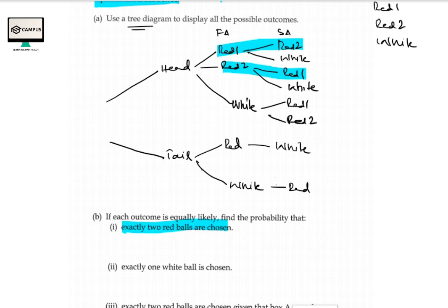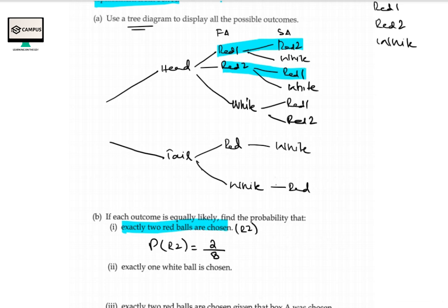We can call this event R2. The probability of R2 is 2 over 8. This comes from the definition of relative frequency: the numerator is the number of favorable outcomes, and the denominator is the total number of outcomes. The total is 8 possible combinations, and the favorable combinations are these two highlighted ones, right? So 2 over 8 is the right answer.